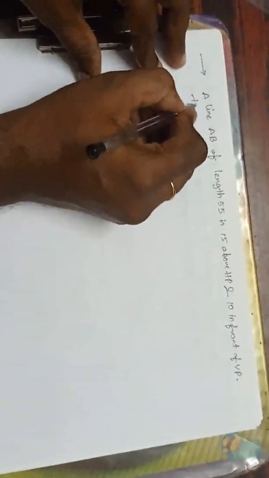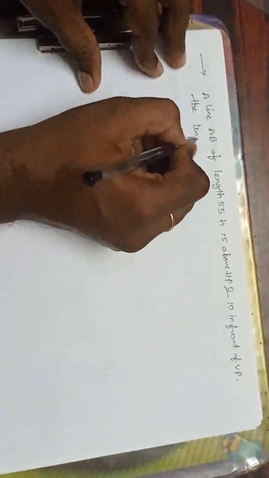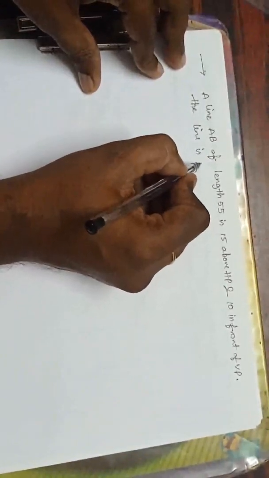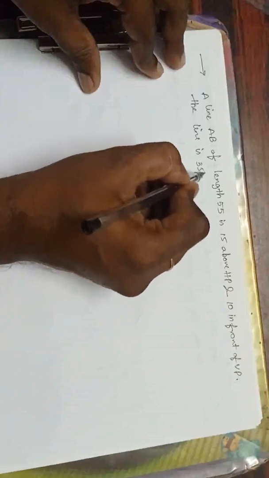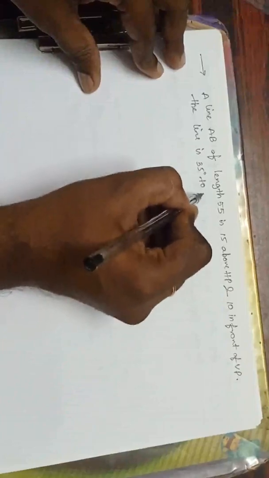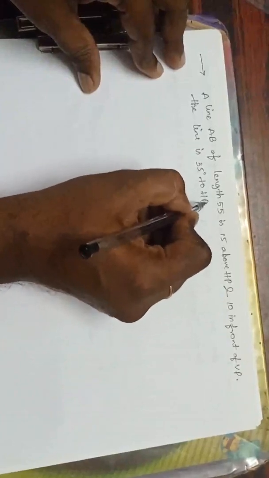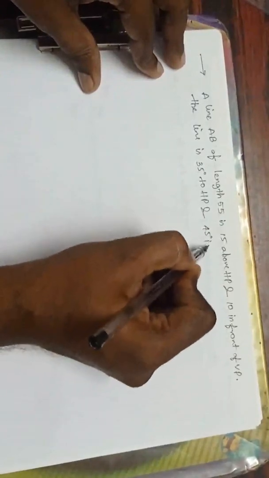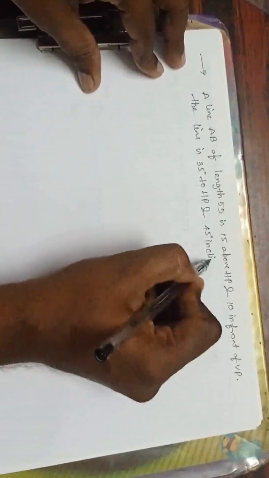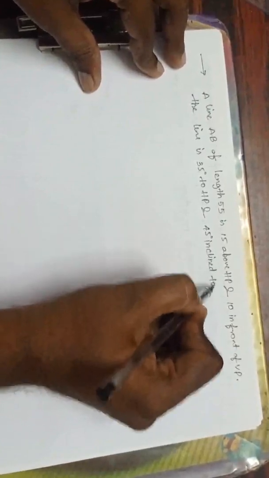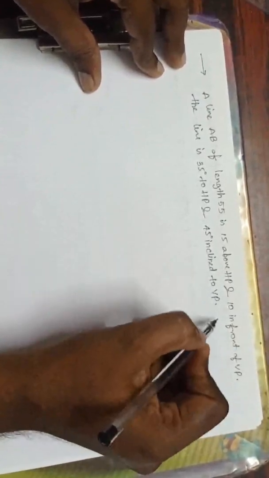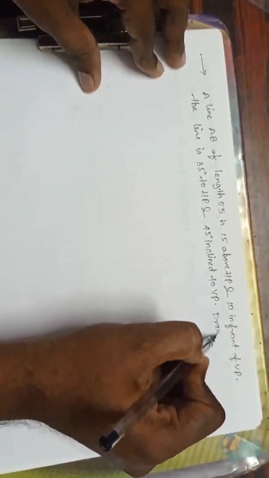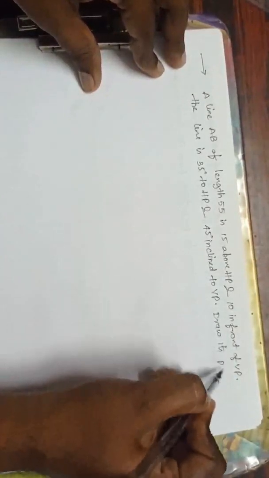The line is inclined 35 degrees to HP and 45 degrees to VP. Draw its projections.